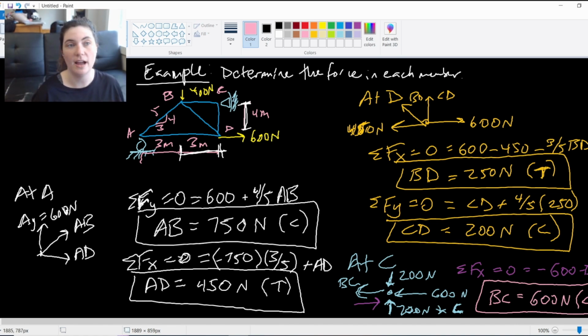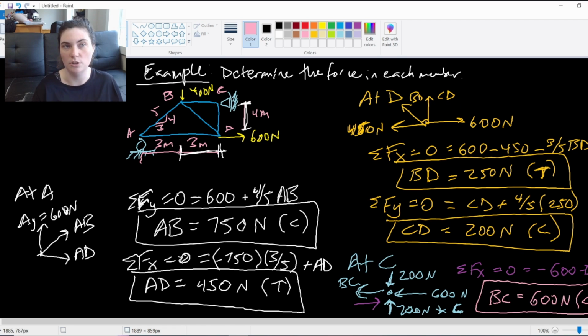And that's it. Now I have the force in all 5 of those members, and I can tell how much loading they're taking on. This is very applicable in the real world, especially when we start talking about things like failure and how much load something can have.